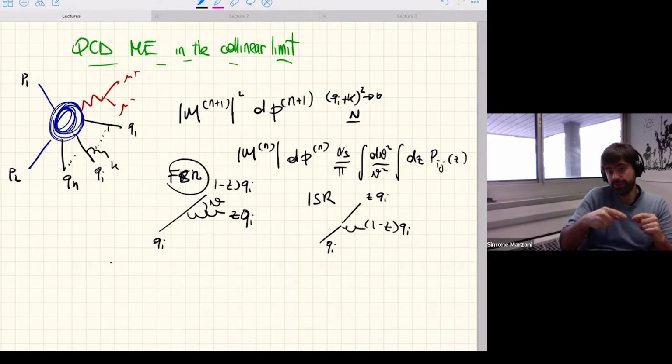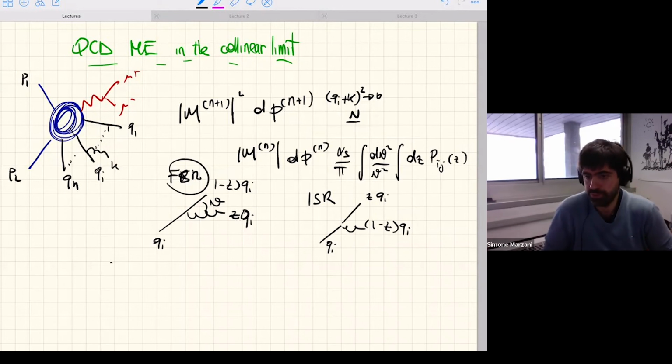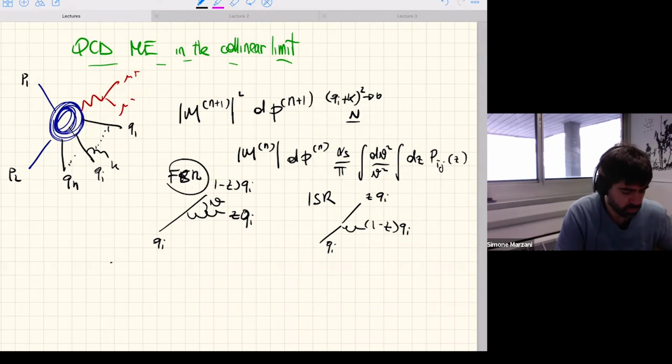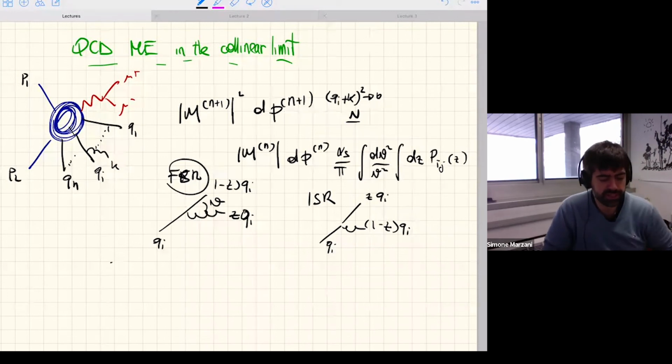You have a convolution of all the splitting functions, which can be diagonalized if you take a Mellin transform. So if you have two emissions from one leg and you go to Mellin space, then you can write this as the product of the anomalous dimensions.